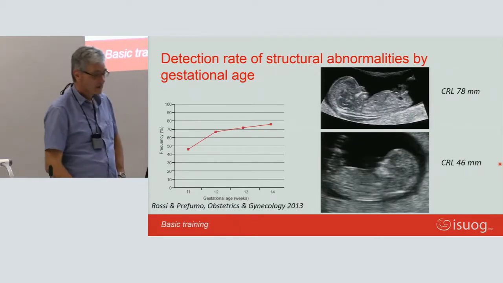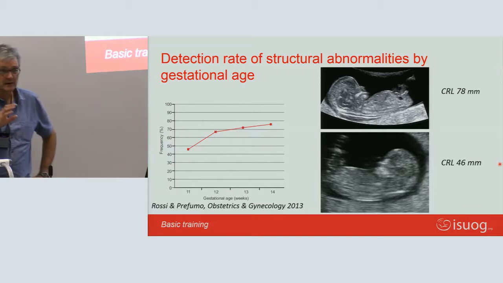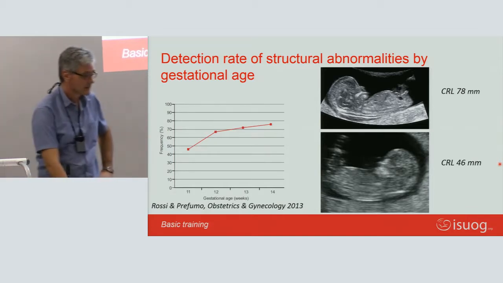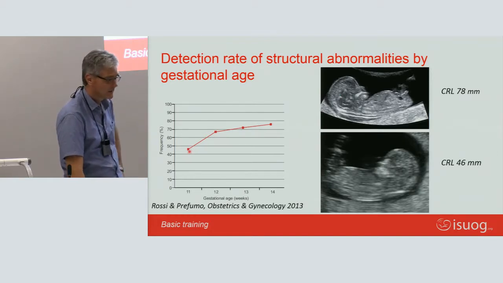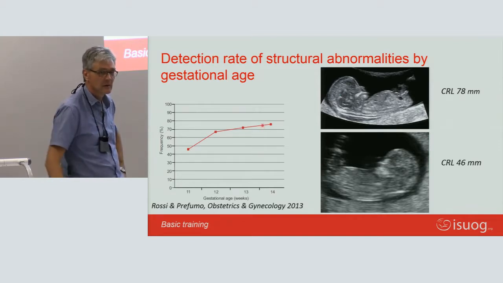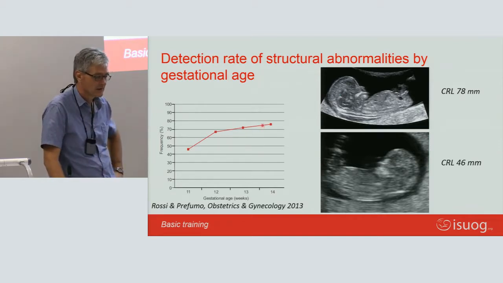Right. So this also has to do with the timing of the scanning, and the same as what I said of bladder holds true for the other abnormalities. And around about 11 weeks, less than half the major abnormalities would be seen, whereas at 13.5 weeks, you can get up to 3/4 of those abnormalities.